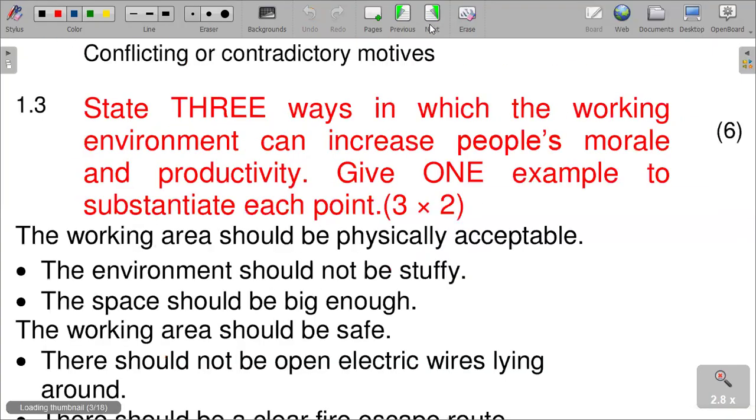So we also have conflicting and contradictory motives. A person's behavior can be affected by the contradiction or the differences that might arise between what is being given to him to pursue and what he is expecting.